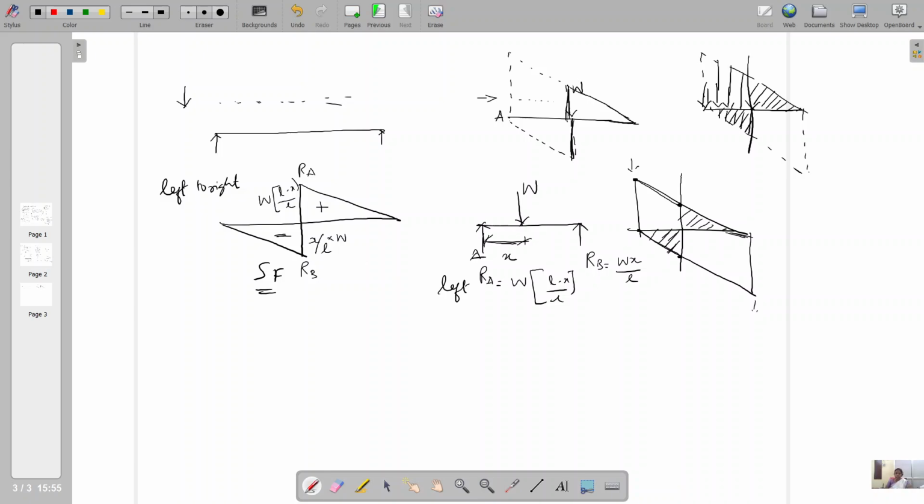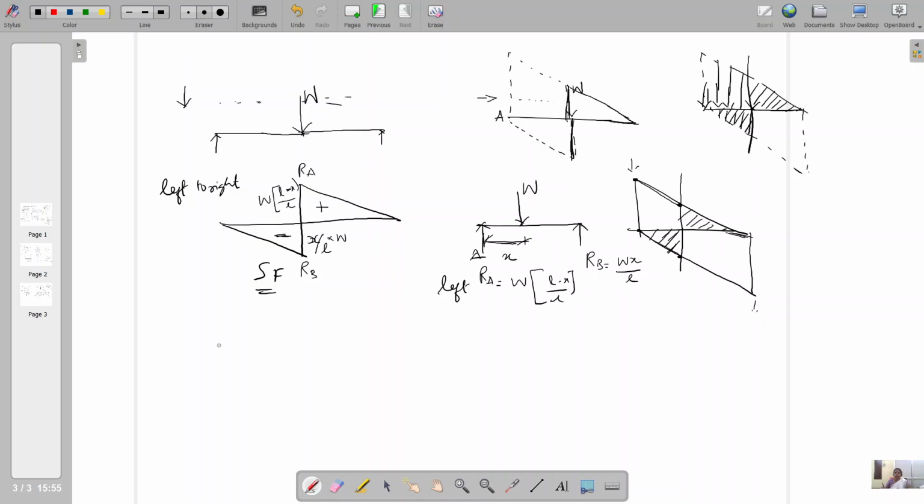When the load is at a particular section midway, we can draw the exact section. So this is the beam, and the shear force diagram for the particular loading, with W acting here, can be drawn like this. The negative ordinate is x by L into W, and the positive ordinate is the RA value, W into (L minus x) by L.